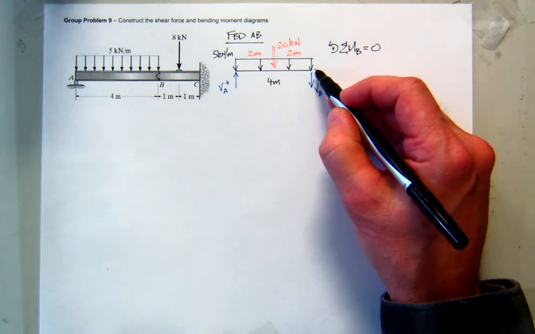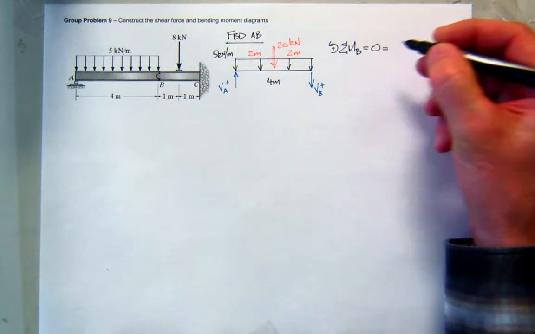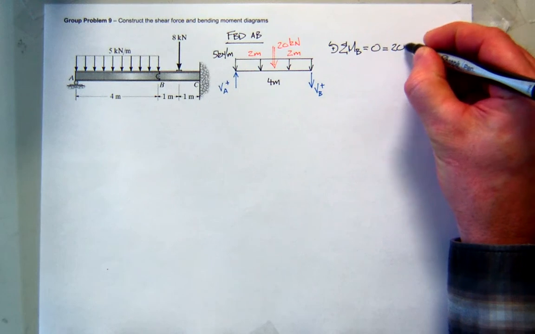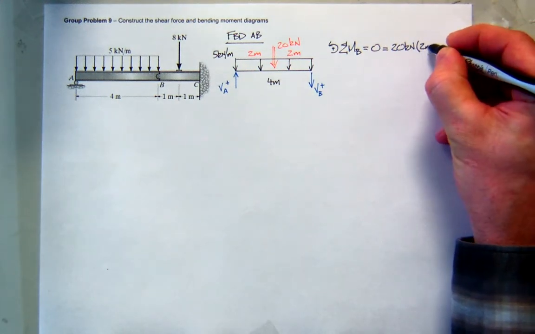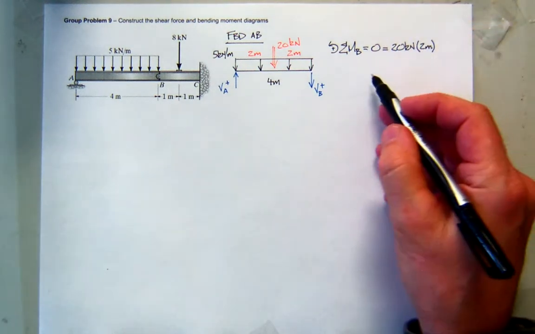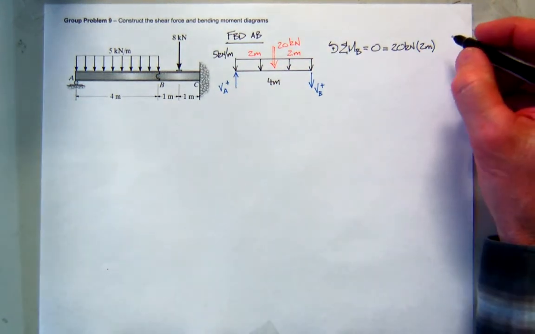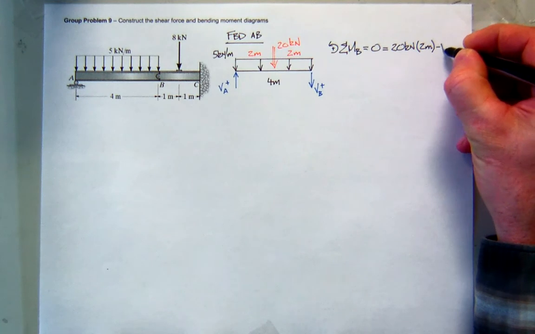So about B, my applied load creates what kind of moment? Positive or negative? Positive. So I have a force of 20 kilonewtons and a moment arm of 2 meters. Then all the way over here on the right, I've got my shear force, which is going to create a negative moment.